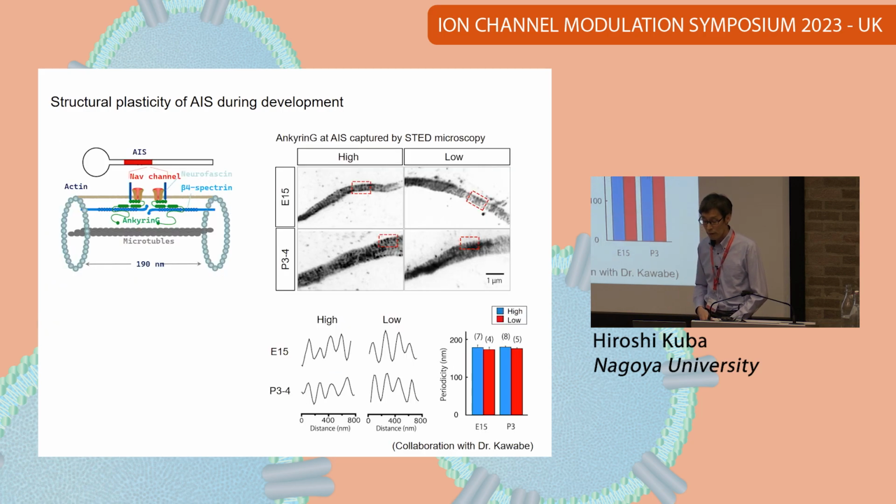We also examined the effects of AIS shortening on the periodic arrangement of actin rings using a super-resolution microscope. These are immunostainings of ankyrin G captured with a STORM microscope, and you can see periodic signals at an interval of about 190 nanometers, while these signals didn't differ among ages and tonotopic regions.